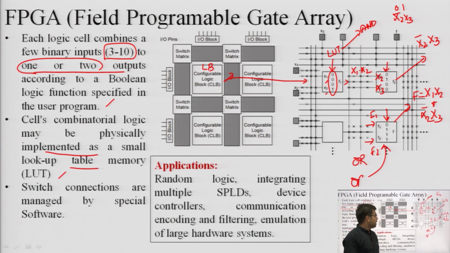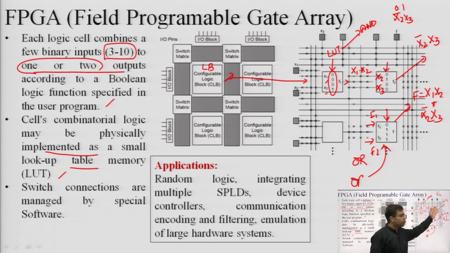There can be more inputs if you want to realize ABC plus BCD. A, B, C will enter one block, and the 3-variable AND gate table will be placed in it. Another 3-variable table for BCD will be placed in another block, and then, because you want to add ABC plus BCD, a 2-input OR gate table will be placed in some other block.